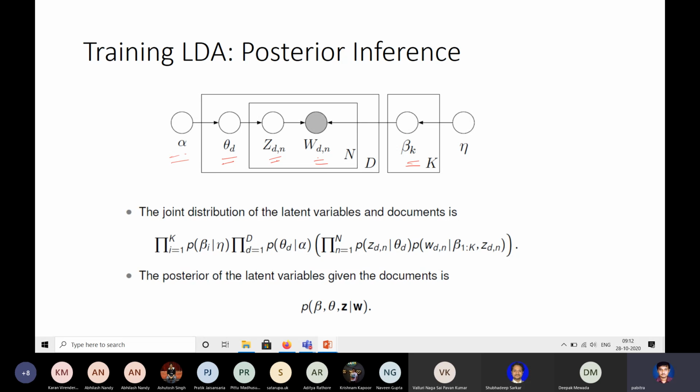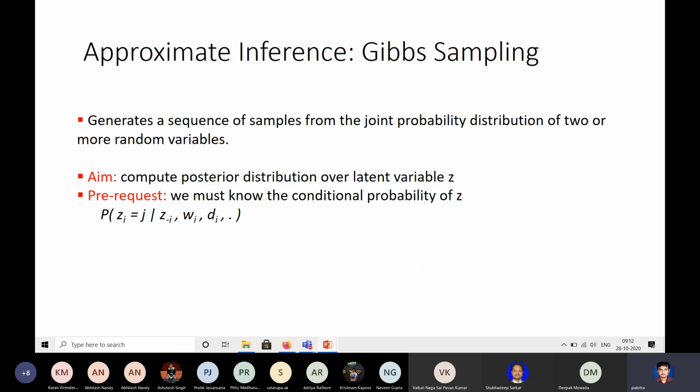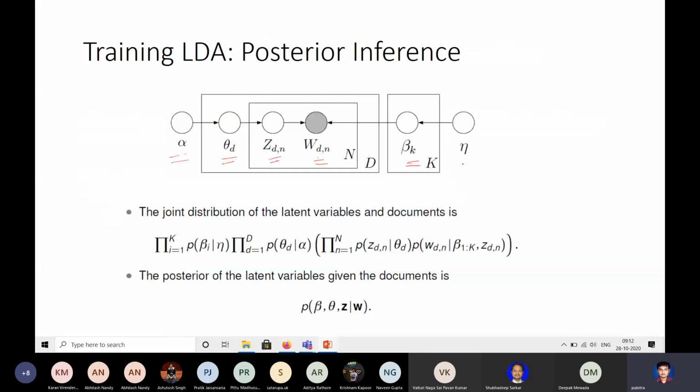They are assumed. Okay, so if you take this plate model, which I have drawn out here, and write down the joint distribution of all these theta, beta, z, and w, you will get this factorization based on the direct influence and other considerations.